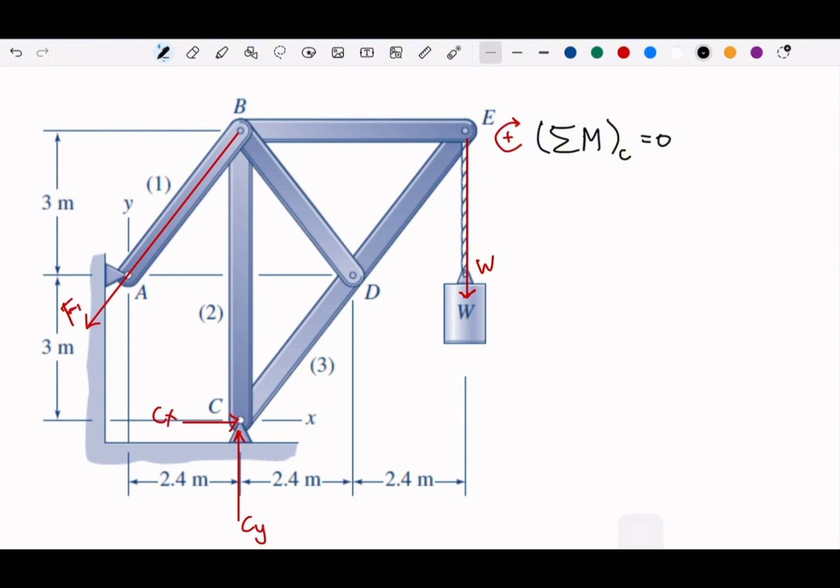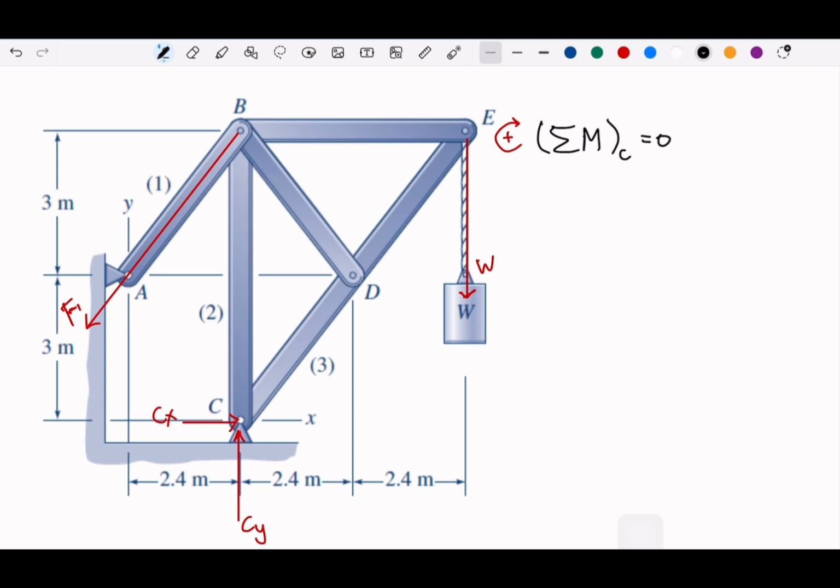How we do that is basically through this length, this one here. So this will be 2.4 and 3. We can take the triangle. And then the distance will be 6.